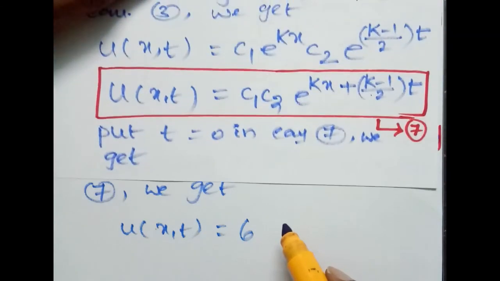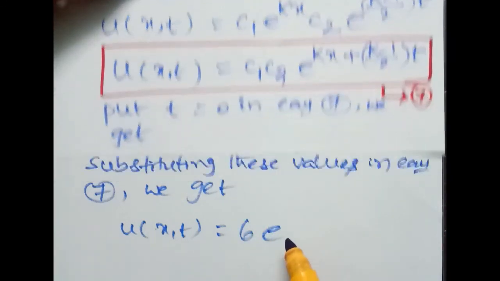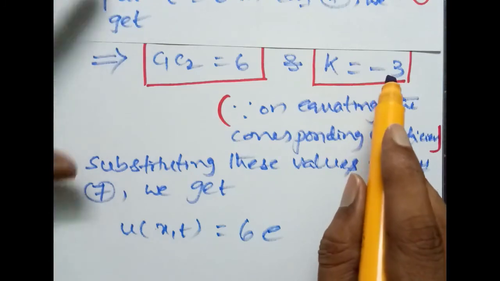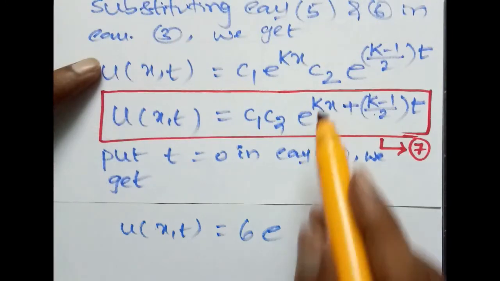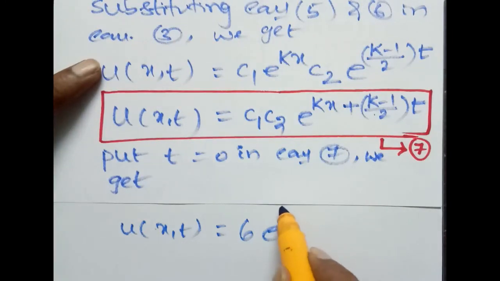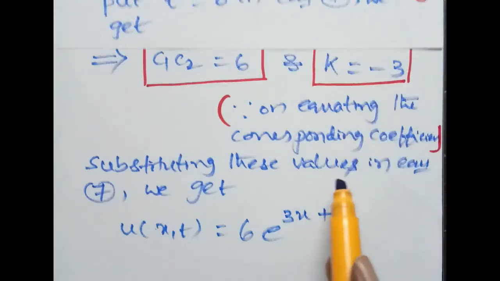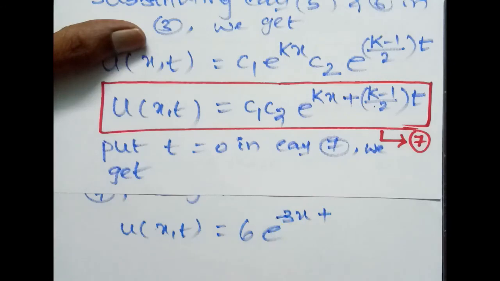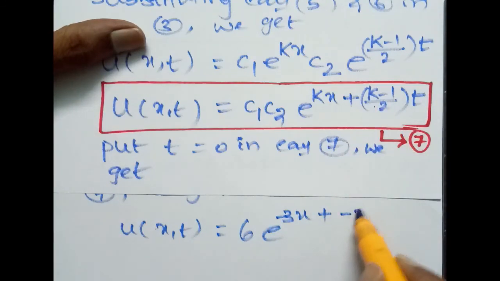and e to the power of k value equal to minus 3. Therefore, 6 into e to the power of 3x plus k value minus 3, that is minus 3x plus (minus 3 minus 1) by 2, that is minus 4 by 2, that is equal to minus 2 into t.